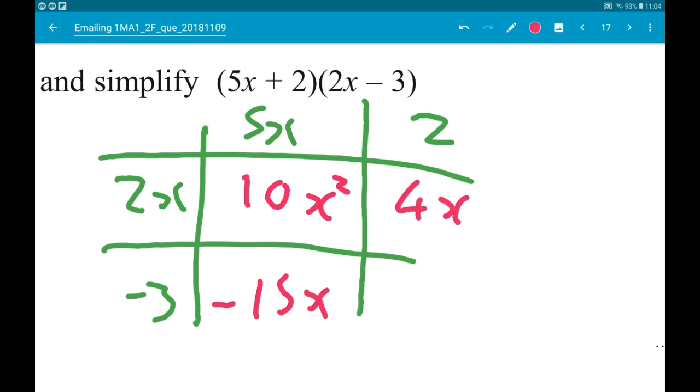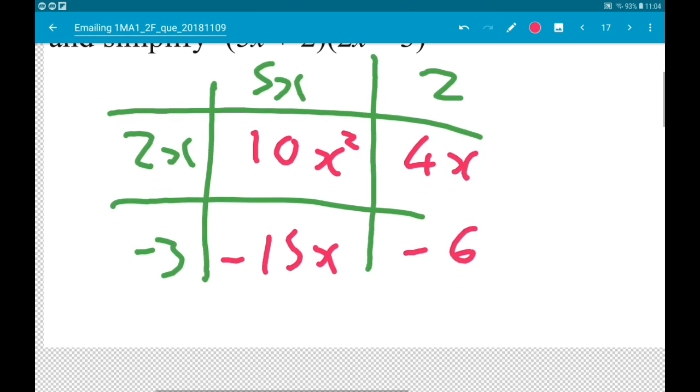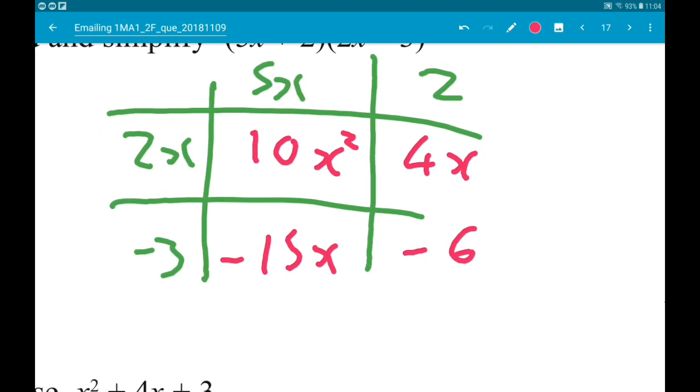And then minus 3 times 2 is minus 6. Okay, so that's the expanding done.